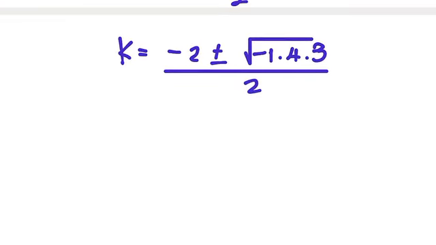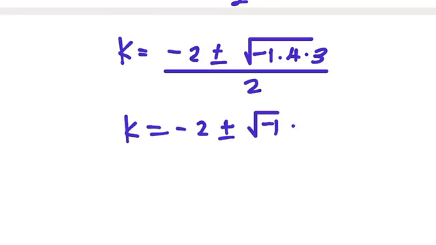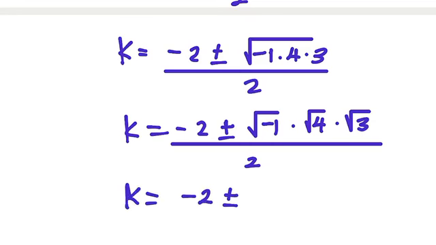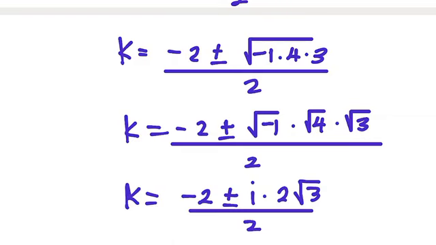Understood? So we can have k equals minus 2 plus or minus the square root of minus 1 multiplied by the square root of 4 then multiplied by the square root of 3, all divided by 2. Now the square root of minus 1 will give us i. We're going to have i multiplied by 2, then multiplied by root 3, divided by 2. Are you following?